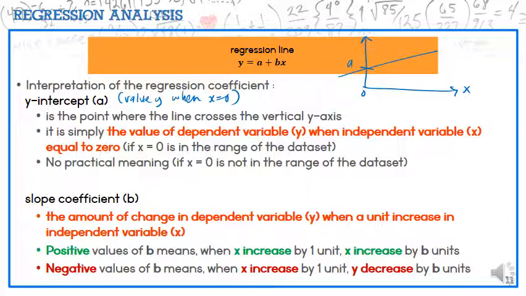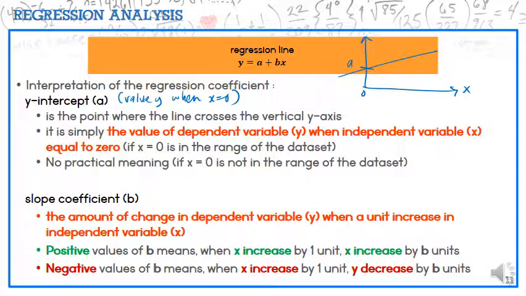It is simply the value of dependent variable y when independent variable x equal to 0. Okay, relevant if x equals 0 is in the range of the dataset. Okay, there is no practical meaning if x equals 0 is not in the range of the dataset.